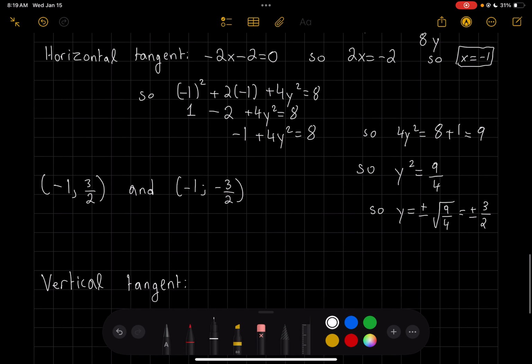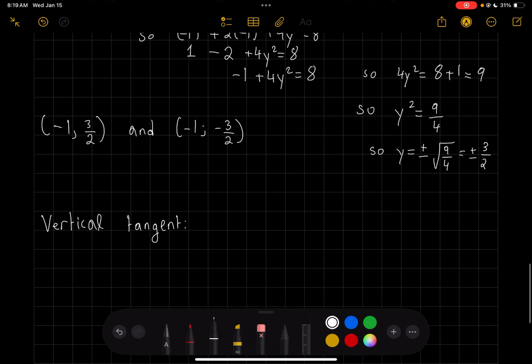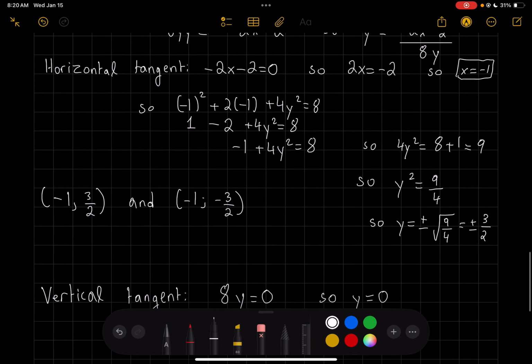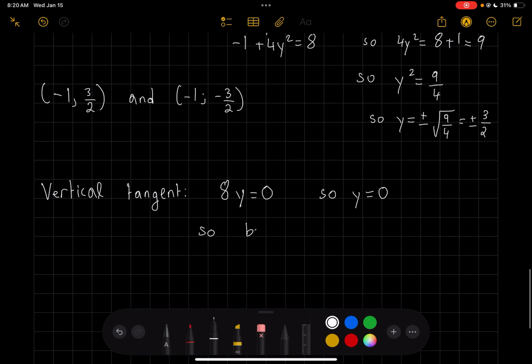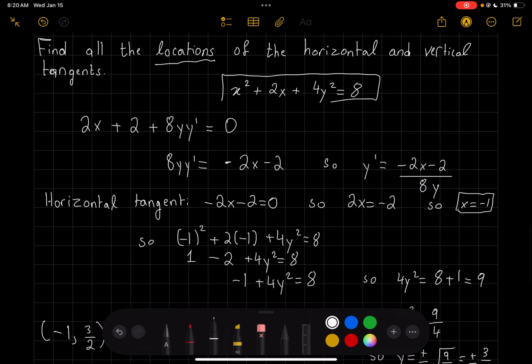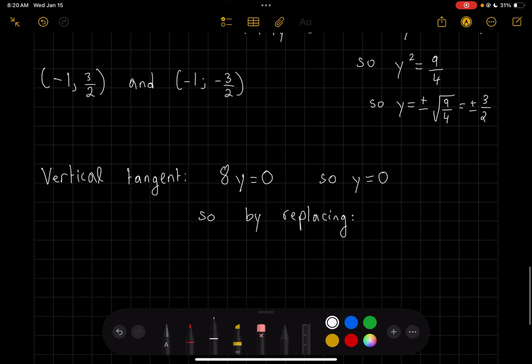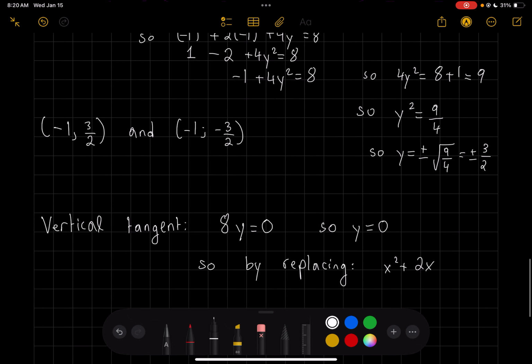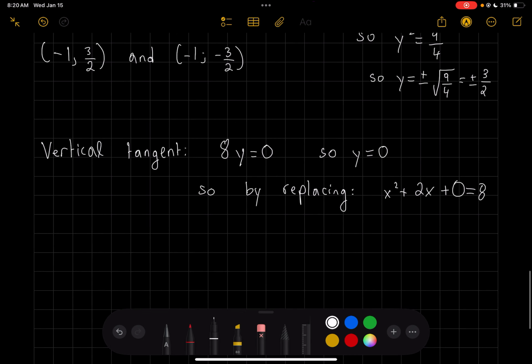For vertical tangent, the denominator should be equal to 0. So by replacing y equal to 0 over here, we get a second degree equation over here.